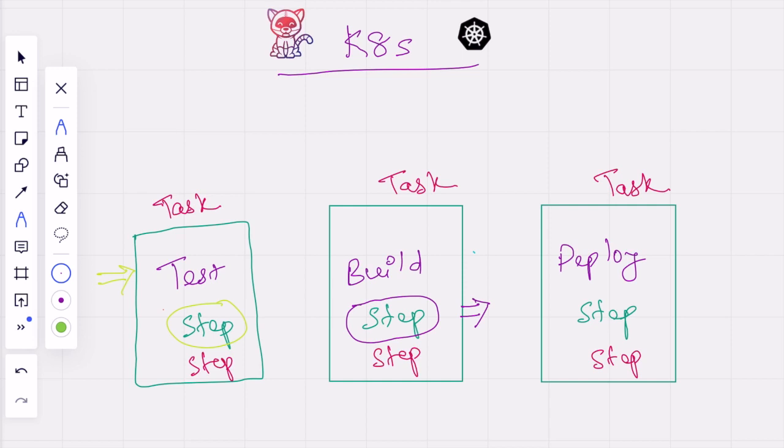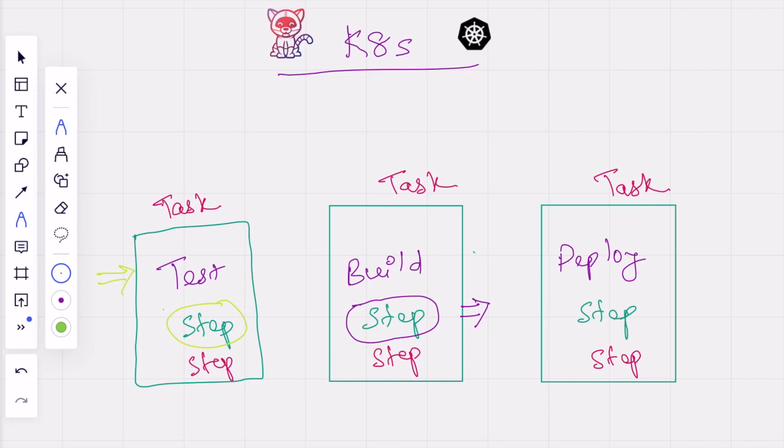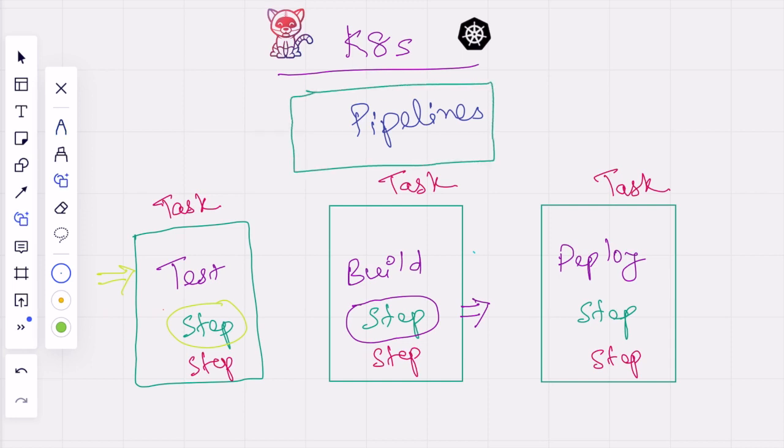Now this brings me to another concept, which is pipelines. A pipeline is to better manage the tasks. Now a pipeline consists of a number of tasks.